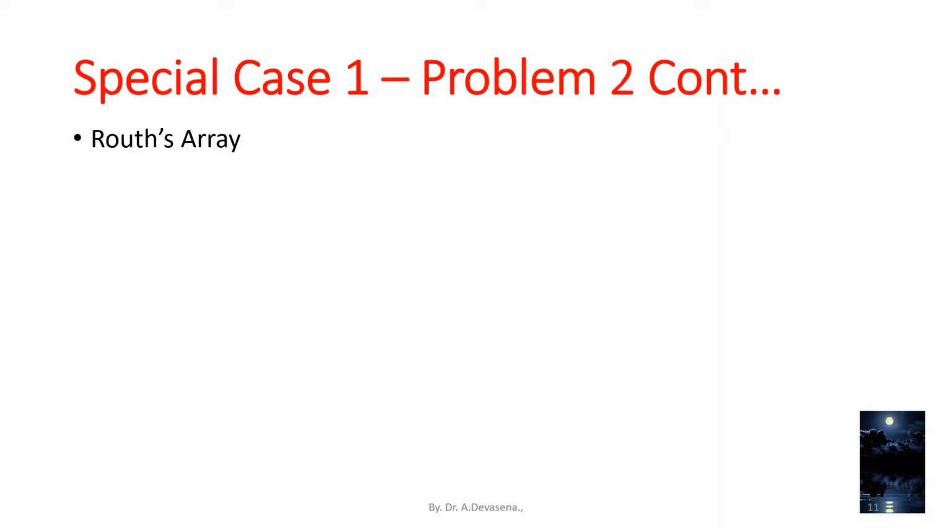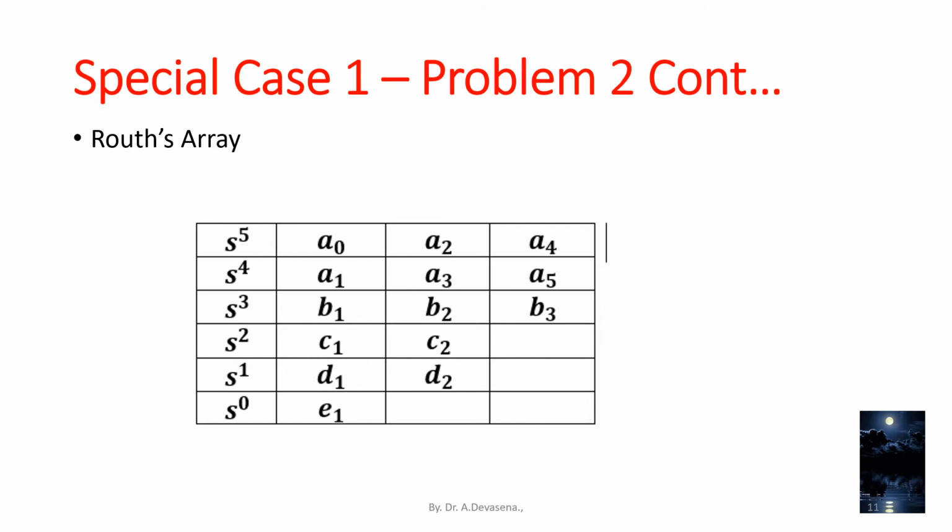Routh's array comprises of the following formulas. In this problem, the highest power is s power 5. So the s power 5 row comprises of a0, a2, a4. The s power 4 row comprises of a1, a3, a5 values. The s cube row is constructed with the help of the s power 5 row and s power 4 row.